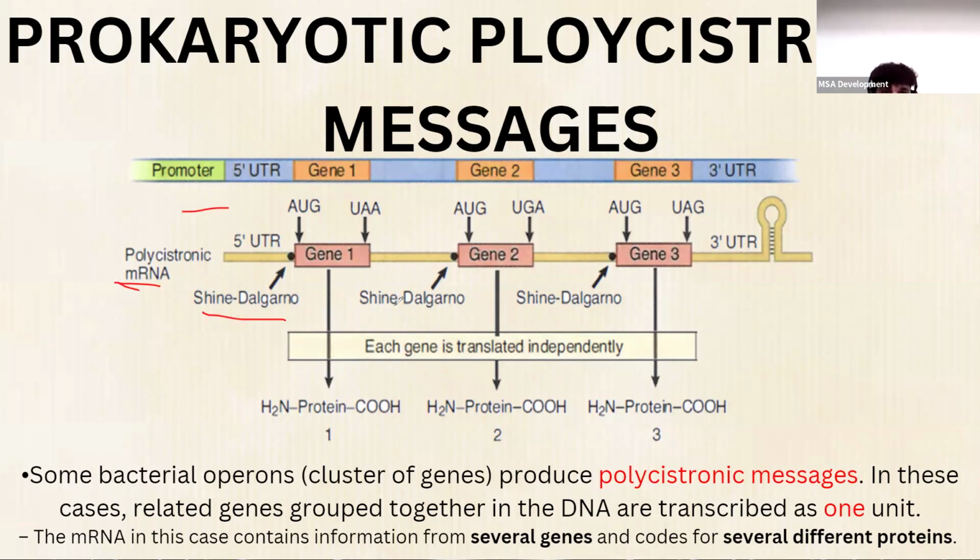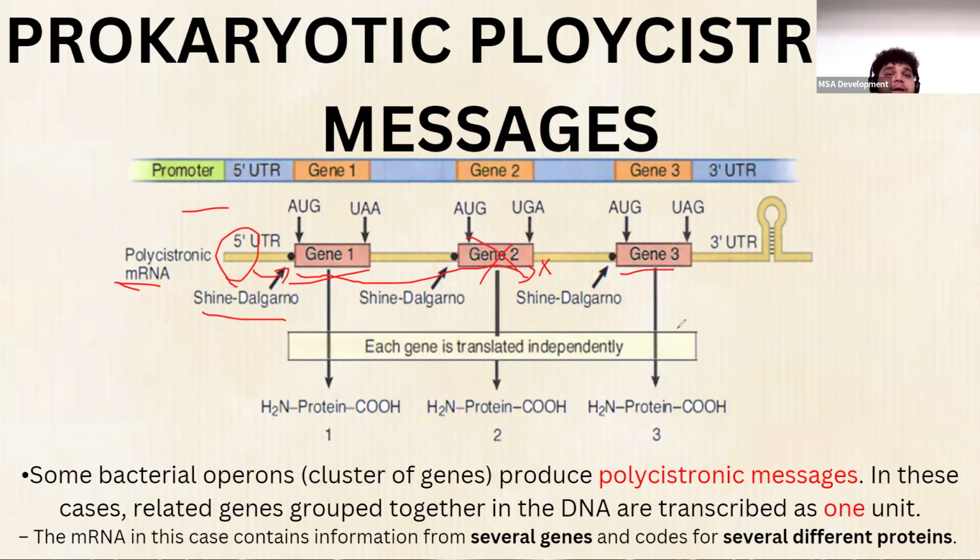As you see here, we have Shine-Dalgarno for each gene. When the ribosome, which is for translation, comes to the mRNA to read it, it will see the Shine-Dalgarno and start translation. It can translate these two and stop here. It can translate gene number 1 and gene number 3 without gene number 2. Why? Because each gene has its own Shine-Dalgarno sequence.